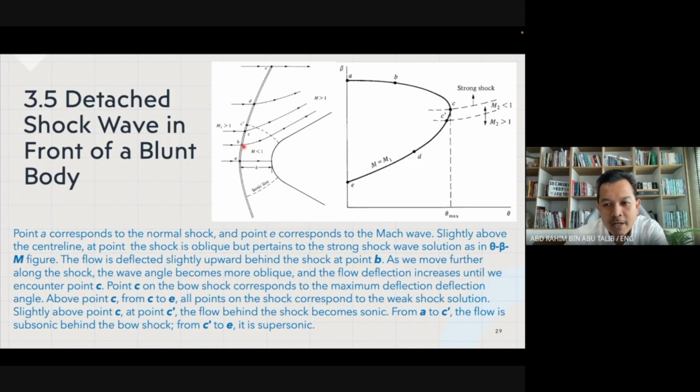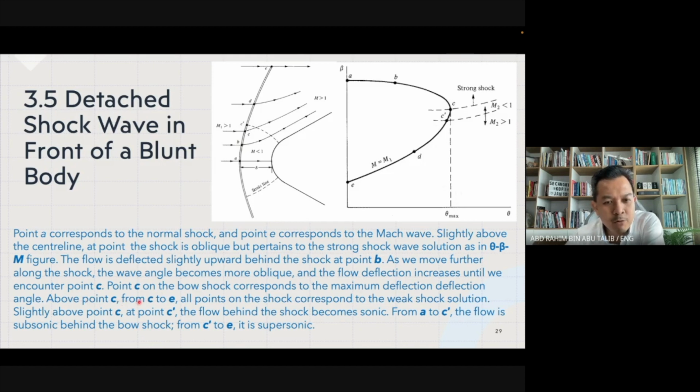As we move further up along the shock, the wave angle becomes more oblique and the flow deflection increases until we encounter point C. Point C on the bow shock corresponds to the maximum deflection angle theta.